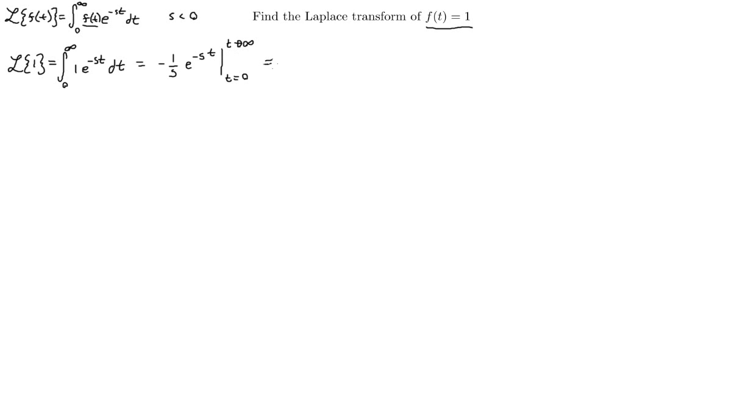So our first one will have a negative 1 over s come out, and we'll have e to the negative s times 0, which will just be 1. So 1. And then we'll have minus, or I'm sorry, I did that backwards.